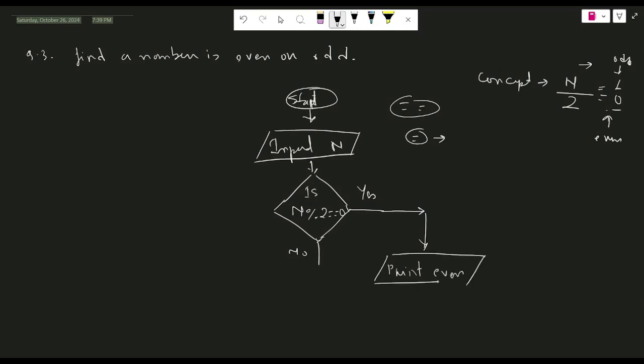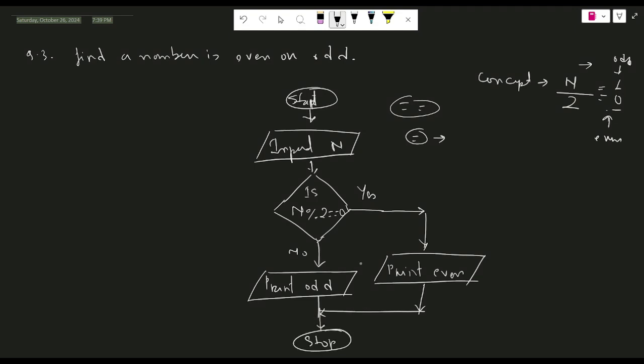So that number is an even number. And if the remainder appears as a 1 instead of 0, then it will be an odd number. Then connect these two with the end. So we'll stop, done.